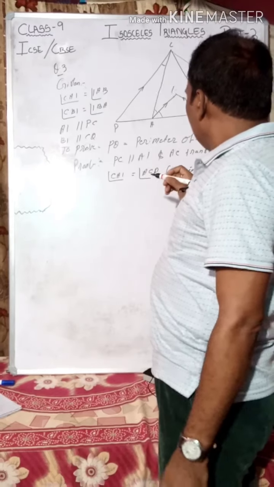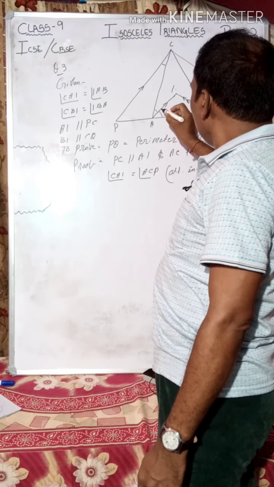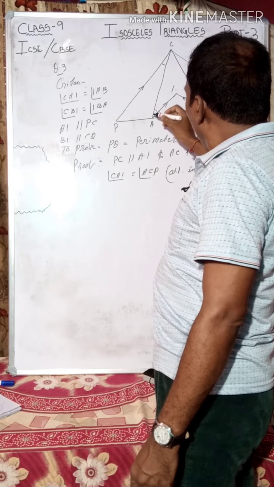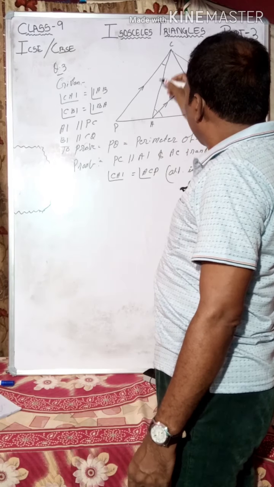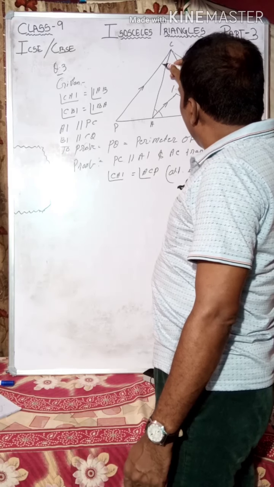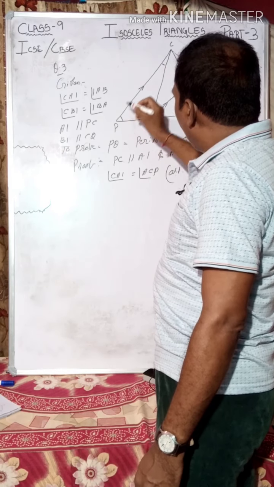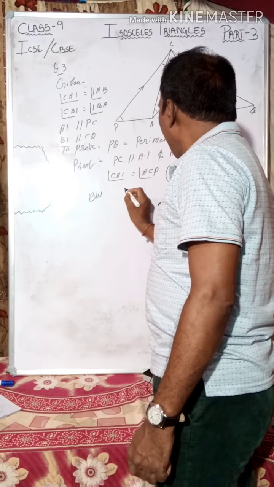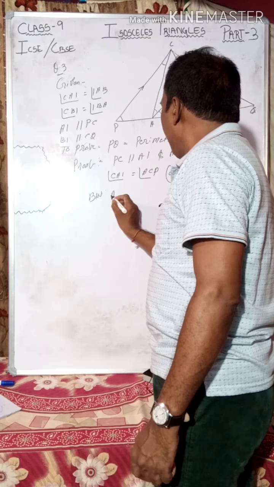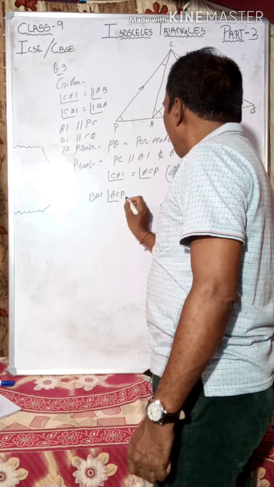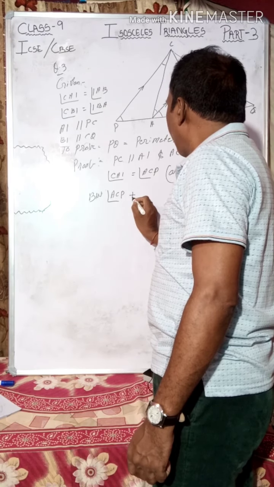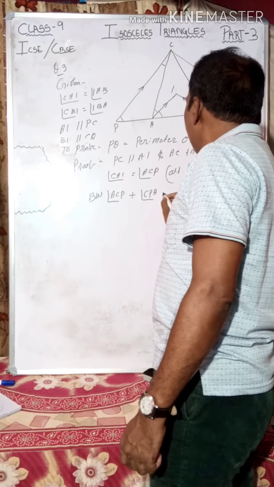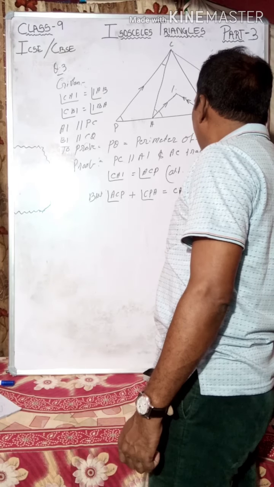Now look, this angle is equal to this angle. Angle ACP plus angle CPA is equal to angle CAB.